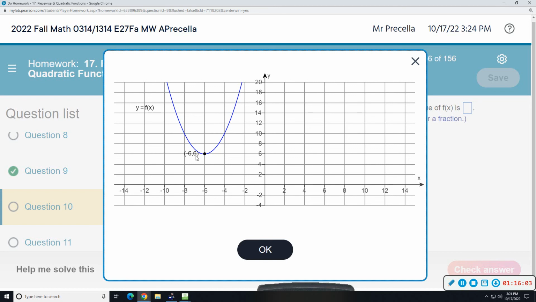6. That y coordinate, it's hard to tell, but that x coordinate there is negative 6. The negative is hidden within that bar there on the graph, that line on the graph. But the thing they're trying to point out is that the maximum or minimum is not the x coordinate, it is the y coordinate.